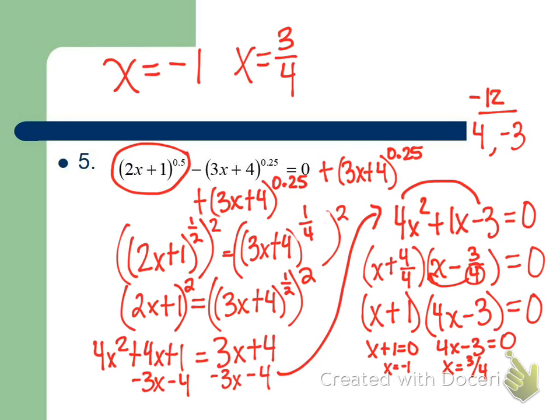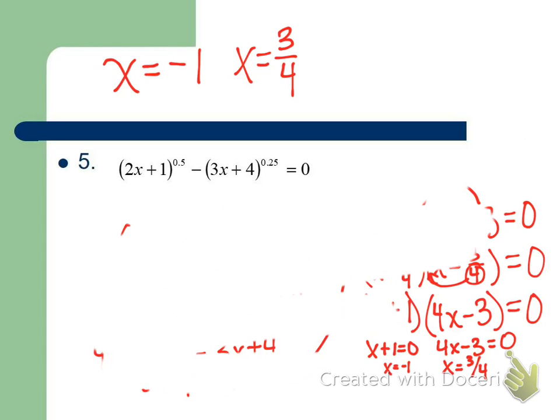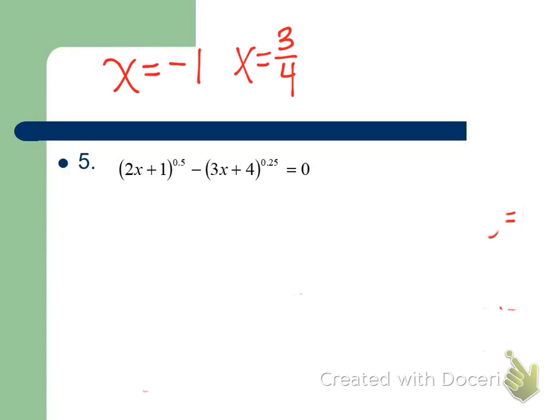The only differences being that we've got the decimal / fraction exponents, and also that we had to raise it to the second power twice to get rid of them completely. Okay, if there aren't questions about it, then I'm going to take all of that hard work away so that we can check these answers and see if either of them are extraneous.